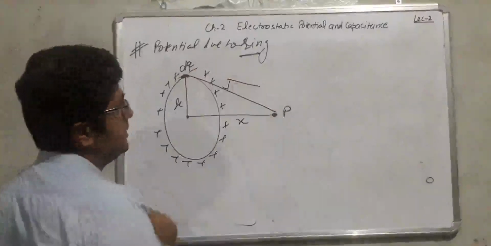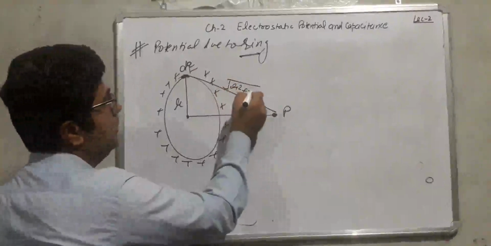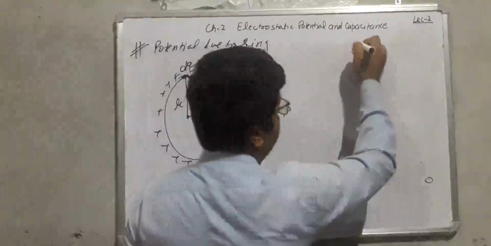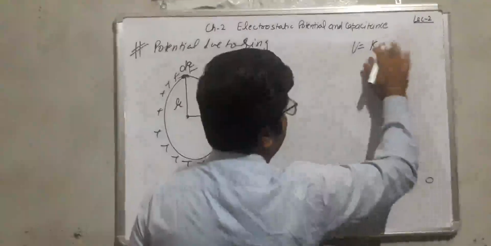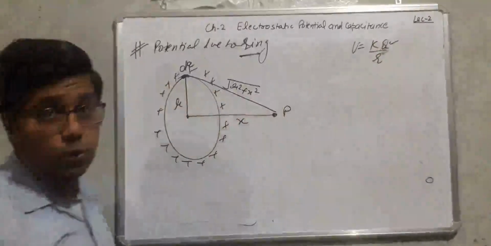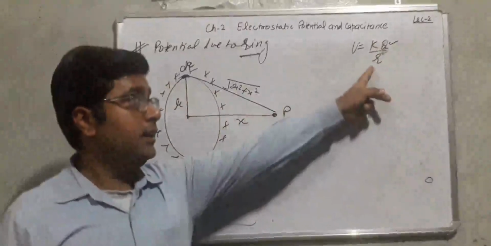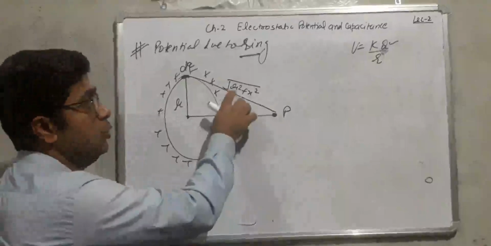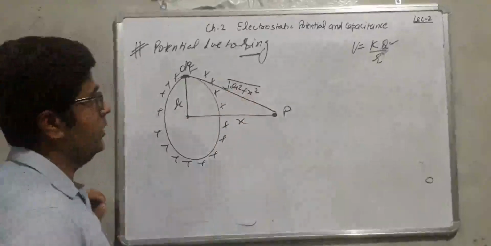So what is this distance? This is root of r square plus x square. Because for potential, the formula is V is equal to kQ by R. What is this Q? Source charge. What is this R? Separation between source charge and point. So this distance is root of r square plus x square.